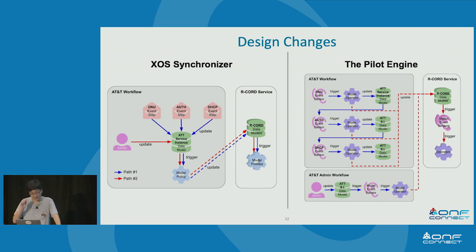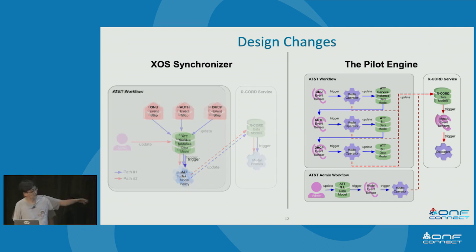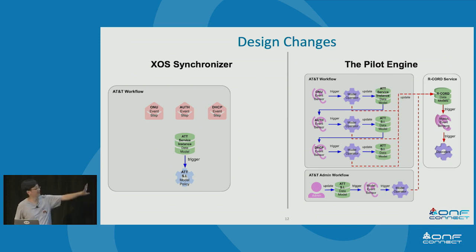On the other hand, the pilot engine automatically enforces this order because the workflow is designed like that. And at your first glance of the source code, with the XOS synchronizer based implementation, you can only understand blurry, seemingly fragmented code pieces and no relations.